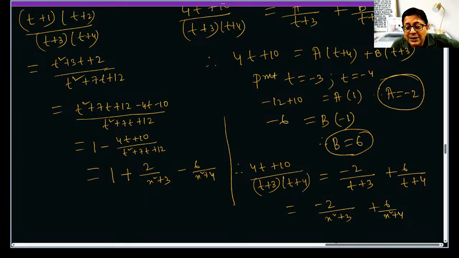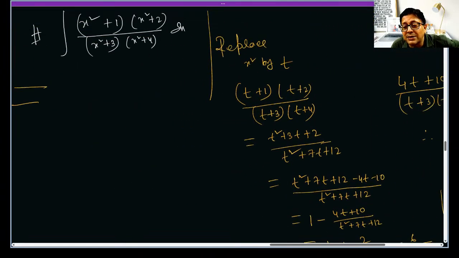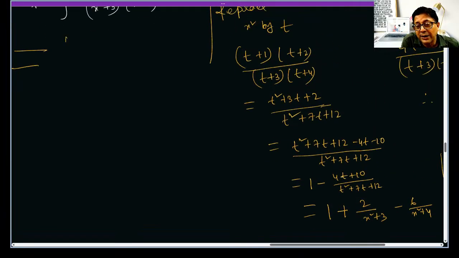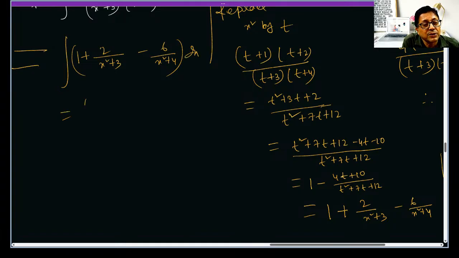So now the whole integrand is changed to this form, isn't it? Integrand was this, and that we have changed to this form. So this you write 1 plus 2 by x square plus 3, minus 6 by x square plus 4 dx, integral of dx is x, and then what?